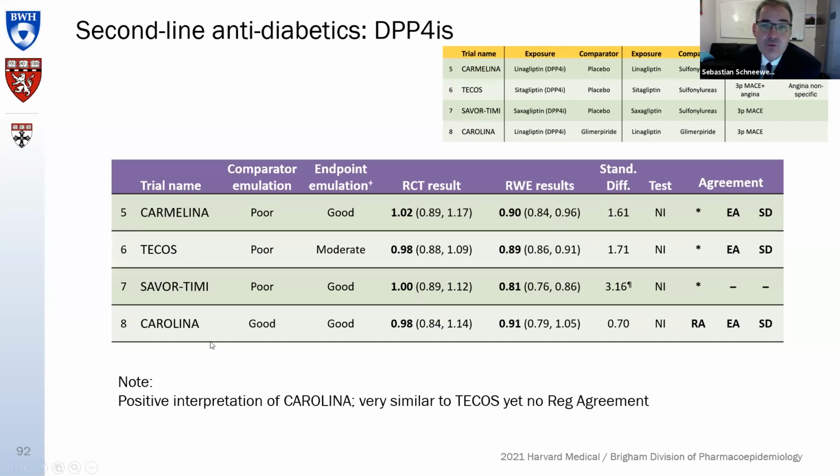The trials 5 through 8, you see over here on the right upper corner, this little cheat sheet here. These are the DPP-4 inhibitors. The first 3 are against placebo, the 4th one against glimepiride, and we emulated against sulfonylureas. What you see here, these are all null findings in these trials, right? Null findings with regard to 3-point MACE.